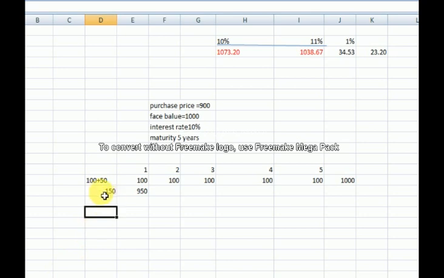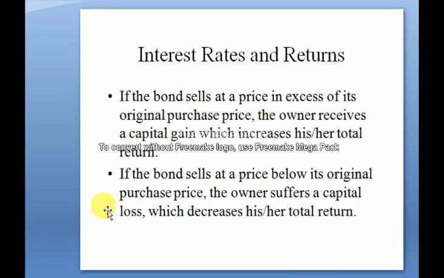How? 100 was the return after 1 year. And now we received how much? 100 is interest plus $50 is our capital gain. So our total return is now how much? 150. Clear?